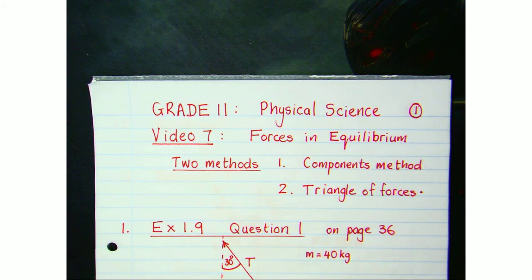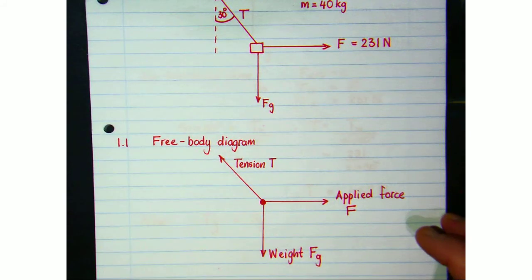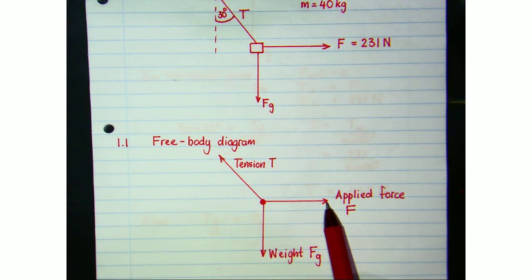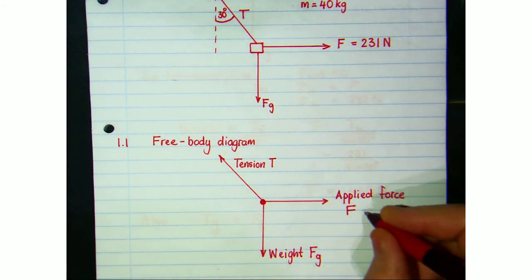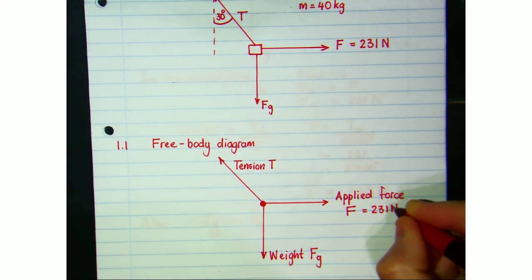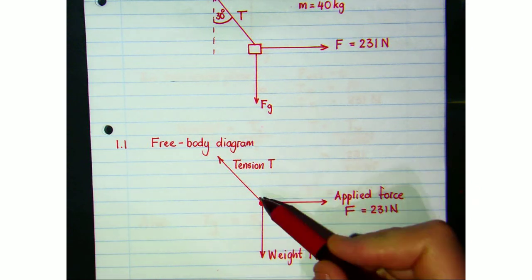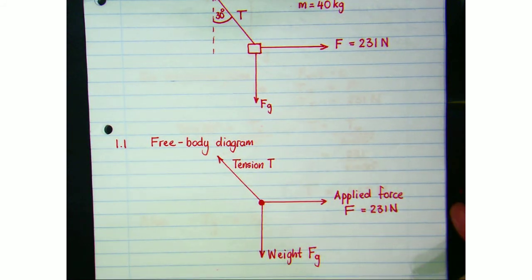Alright, so you've tried the question. You would have drawn a free body diagram that looks like that. We've got this horizontal force. Remember, we use words in a free body diagram. This applied horizontal force of 231 newtons. We've got the gravitational force, the weight of the mass acting straight down, and then there's the cable, the tension in the cable acting upwards.